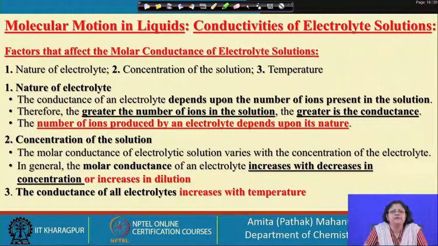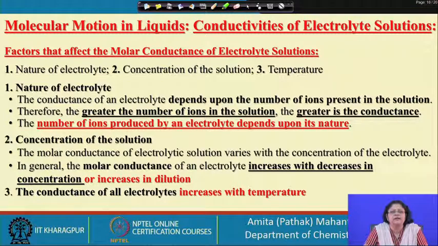And what happens to the temperature parameter? Whether we talk about specific conductance or molar conductance, conductance as such is going to increase when you are increasing the temperature. We have done kinetic theory, we have done the transport properties in gaseous systems.